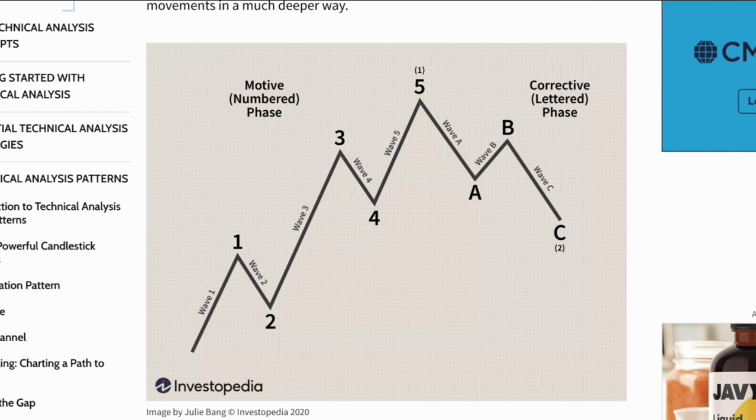And from wave A to wave C is a big downtrend, so wave B is a corrective wave that moves in the opposite direction. So wave 2, 4, and B are corrective waves among these 8 huge waves.